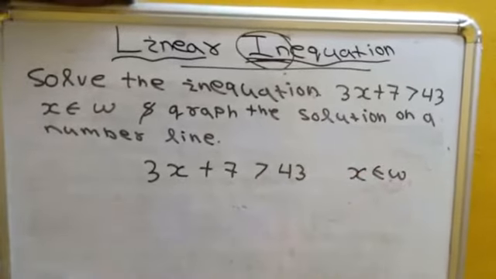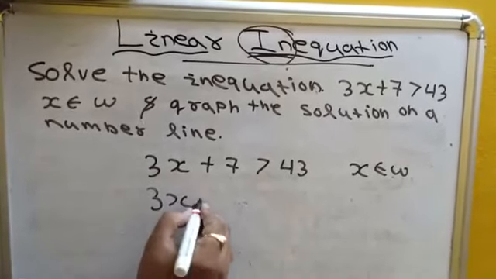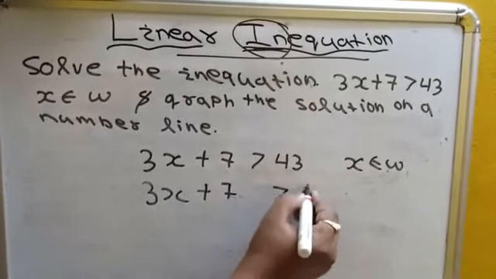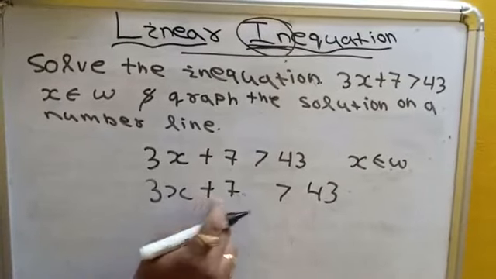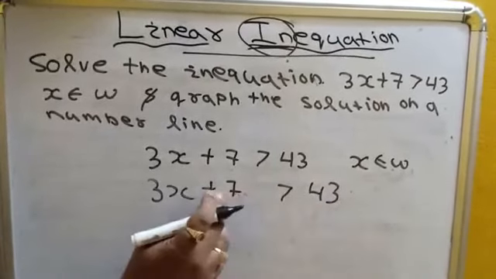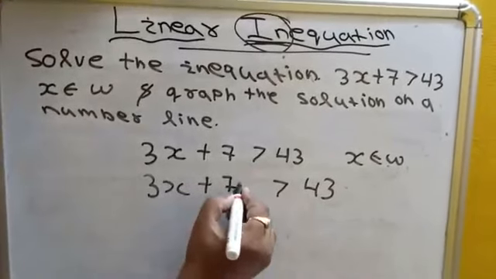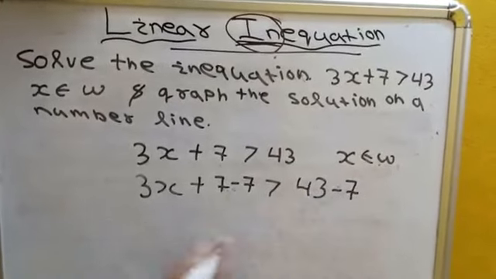First, 3x plus 7 and 43 is given. When you shift this plus 7 to that side, it becomes minus. So you write minus 7 here and minus 7 there.